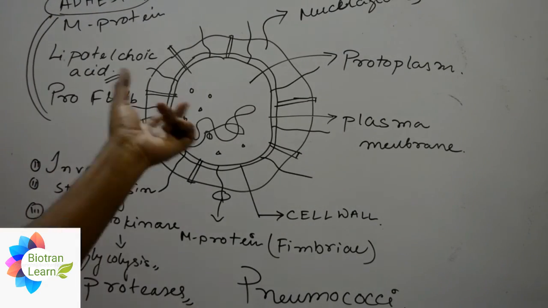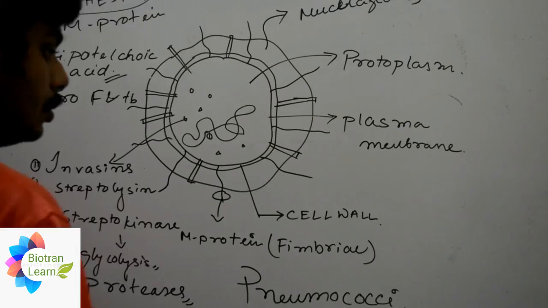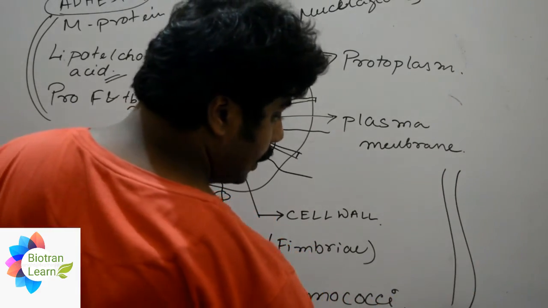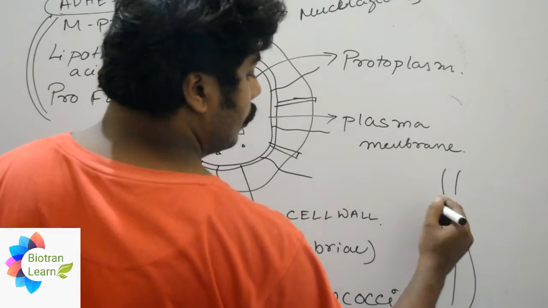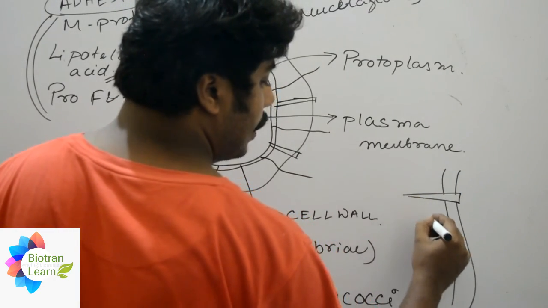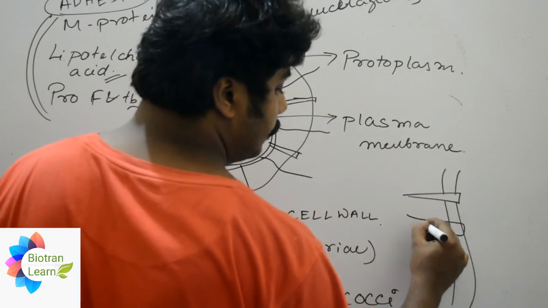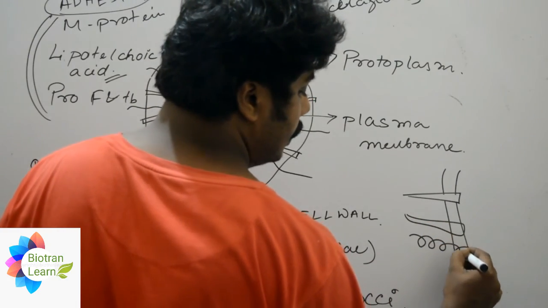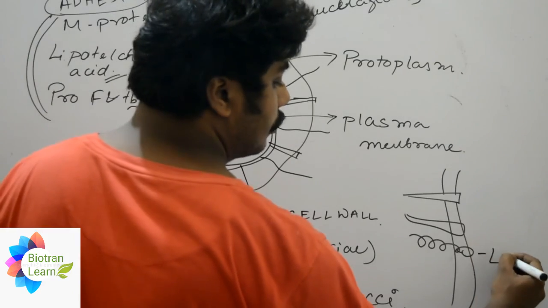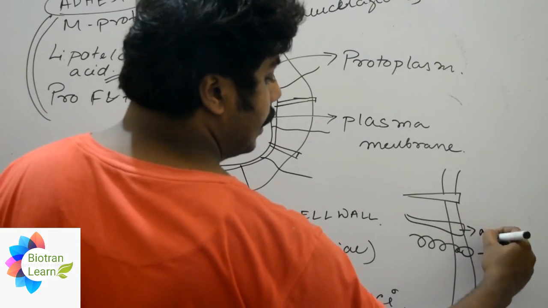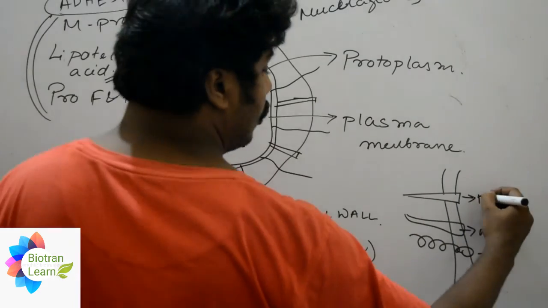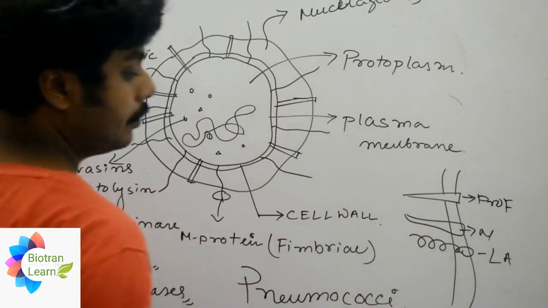Now, how does this particular adhesin work? Suppose there is a particular cell membrane in here. Now, this bacterium will have these three kinds of molecules. Suppose this is lipoteichoic acid, this is M protein, and this is the protein F in this case, right?